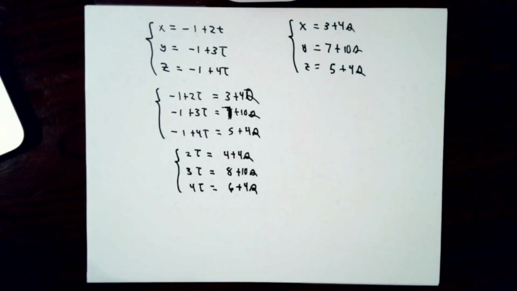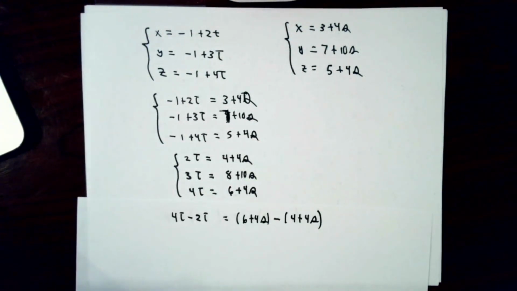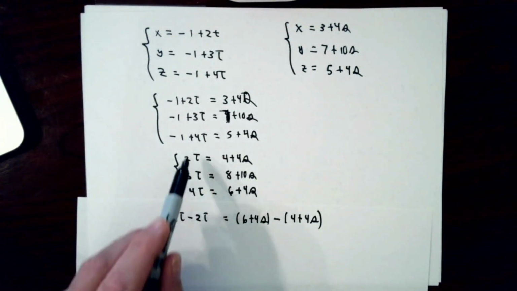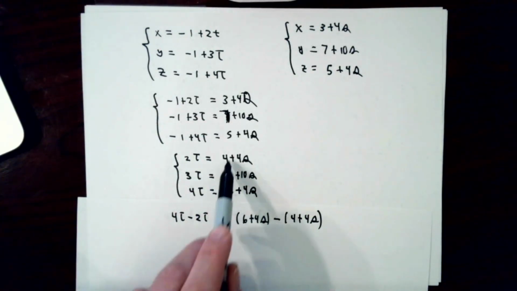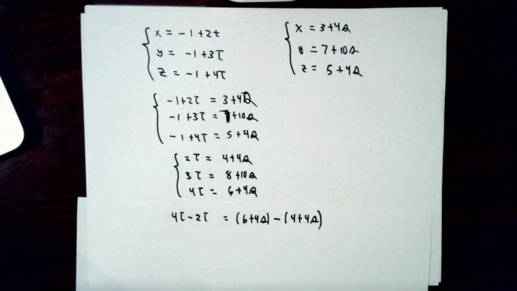I'm going to rewrite my equations this way. If you'll notice, in the first equation, s shows up as a term plus 4s, and that's how the third equation is as well. So what I'm going to do is subtract the first equation away from the third one. 4t minus 2t is 6 plus 4s minus 4 plus 4s.